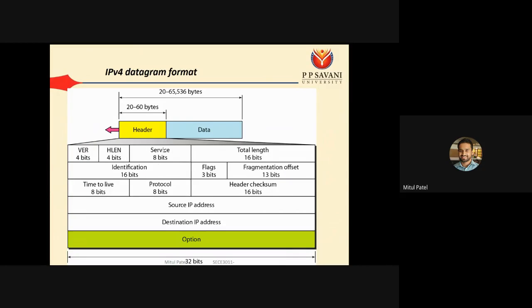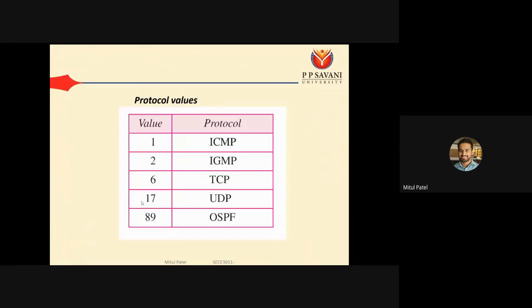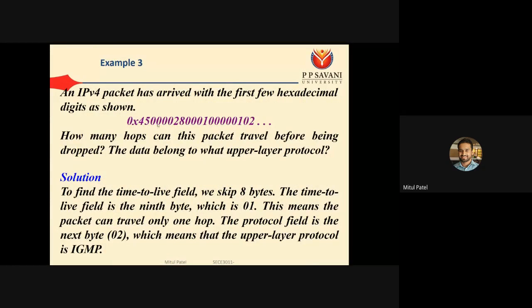Counting 1 2 3 4, 5 6 7 8, 9 10 11 12, 13 14 15 and 16. So after 16 hexadecimal digits we get the TTL field. The TTL field is 8 bits, which means 2 hexadecimal digits.